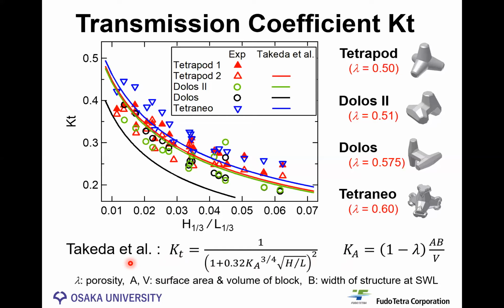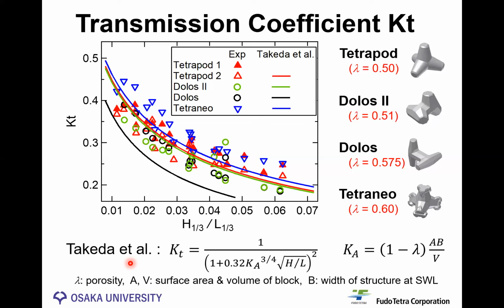However, the transmission coefficient for Dolos, black circle, is as small as the transmission coefficient for Dolos 2, green, although the porosity is very different. It is also possibly because the shape of Dolos is more complicated, but it is still under investigation.